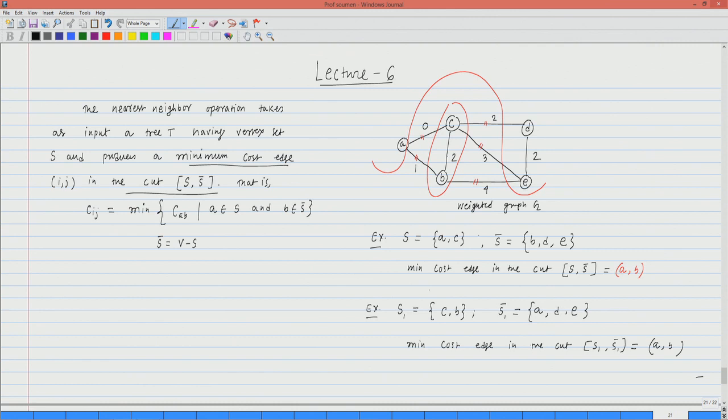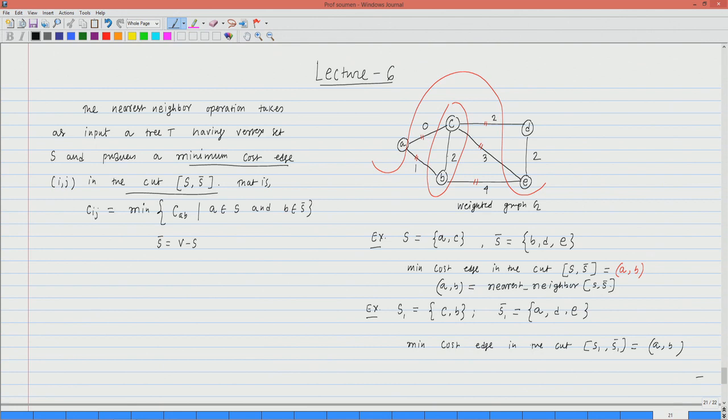So we will write in this way: for this example, AB is the output of the operation nearest neighbor of S complement.